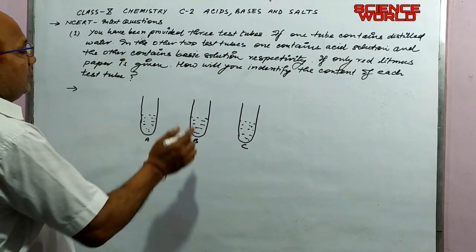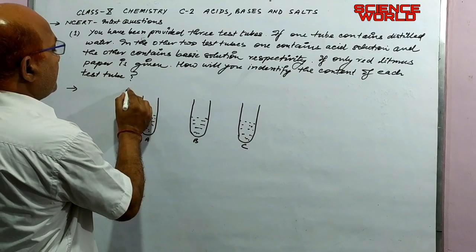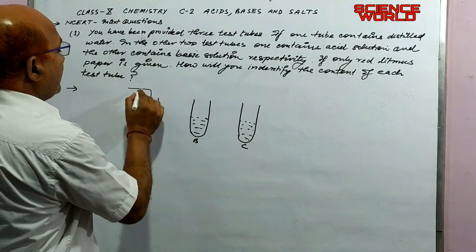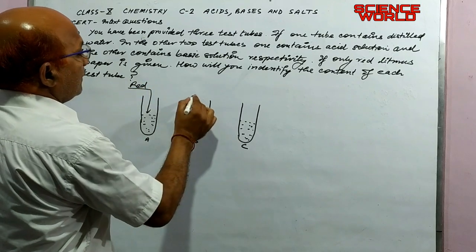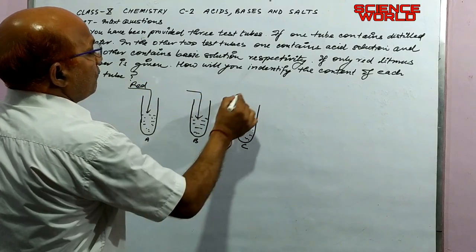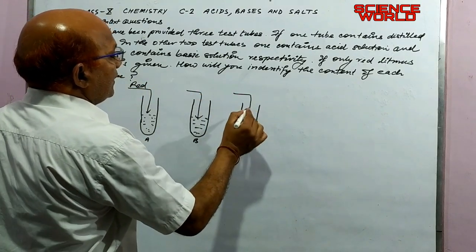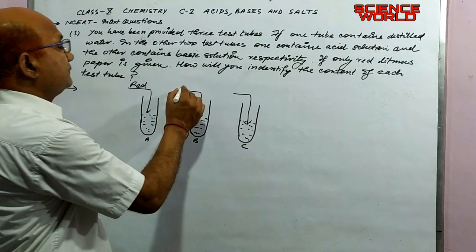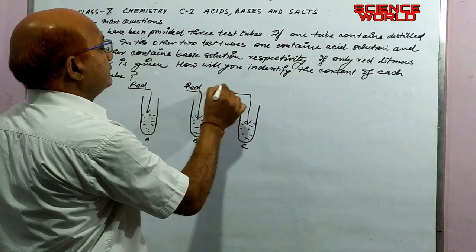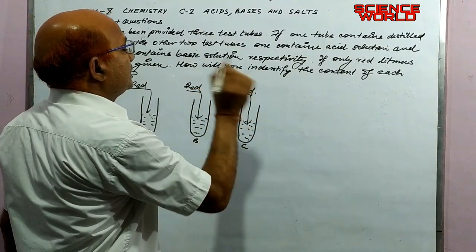So, first of all, dip red litmus paper one by one in all the three test tubes. Okay.